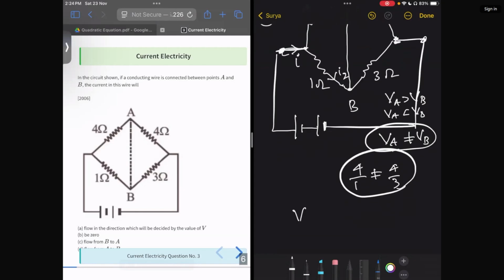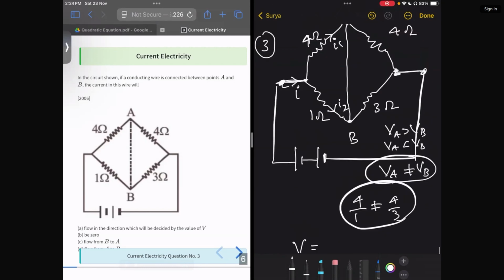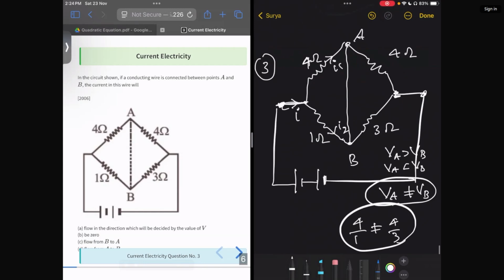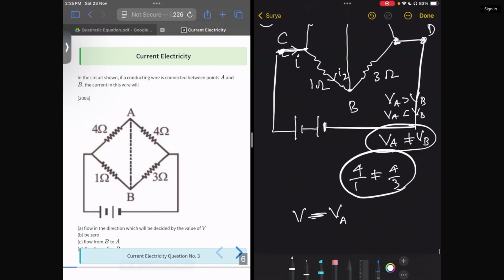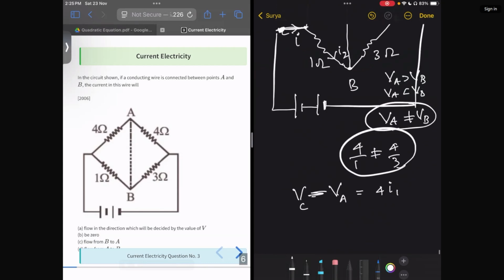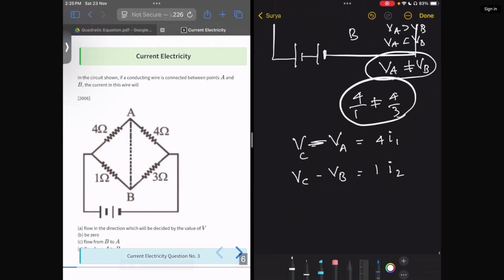So V is equal to, suppose I take the points as C and D, okay? VC minus VA is equal to 4 into I1, right? VC minus VB is equal to 1 into I2, right? So we want to know the sign between these two.